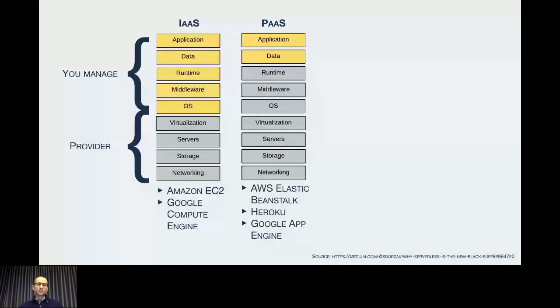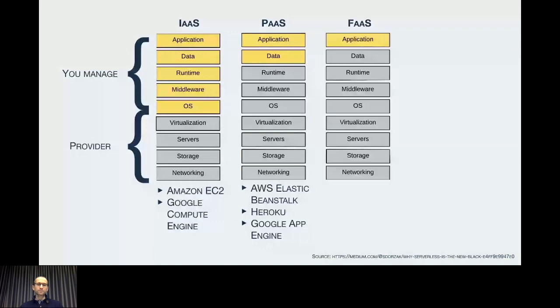This is something we will be focusing on today. And as you can see, there's just one layer we need to take care of, which is the application layer. So our only responsibility is code. And the rest of the layers go to a provider. We can achieve that with AWS Lambda or Google Cloud Functions.